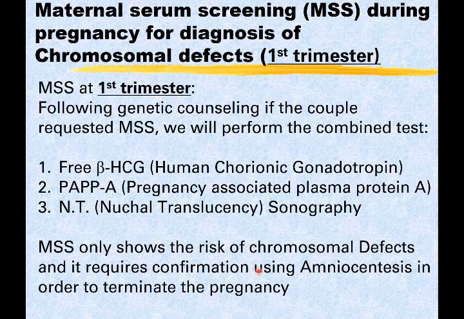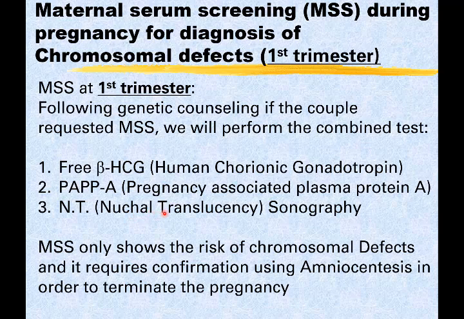For maternal serum screening during pregnancy for diagnosis of chromosomal defects, in the first trimester, following genetic counseling, if the couple requested MSS, we will perform the combined test, which includes a nuchal translucency sonography, NT. Usually nuchal translucency should not be more than 2.5 millimeters.